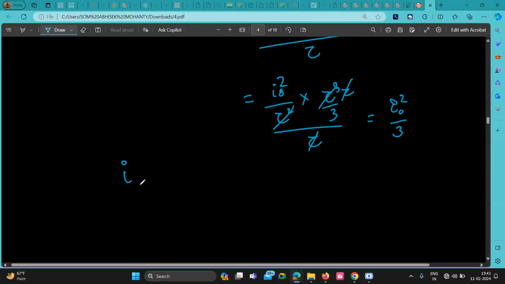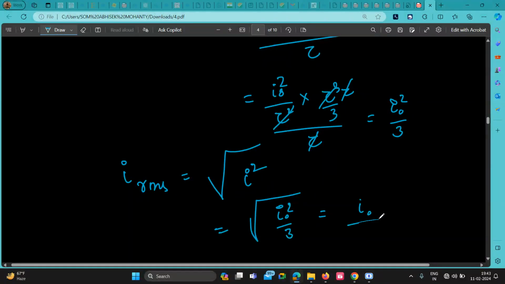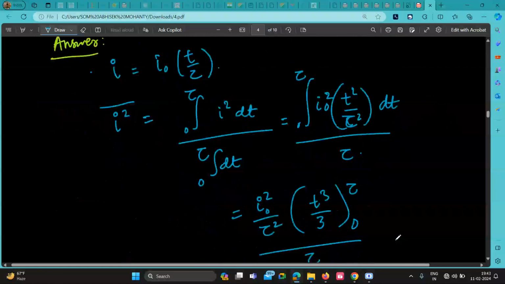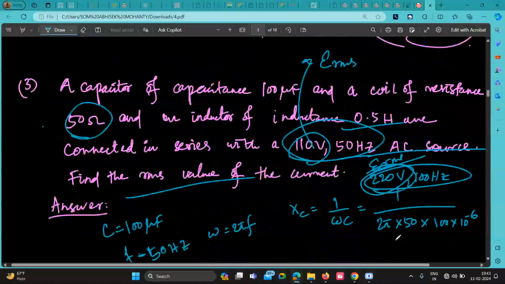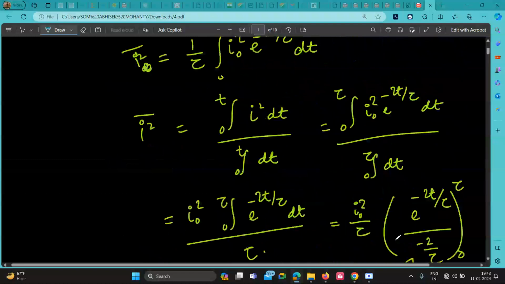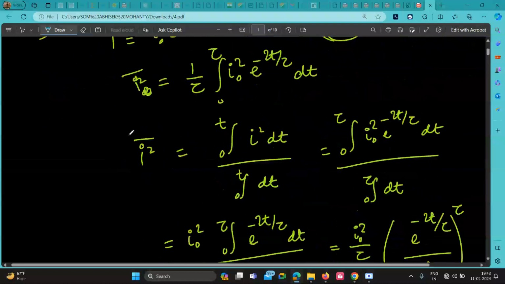IRMS we know is the root of mean square current, so root over of I naught square by 3, that is I naught by root 3. Is it correct? Did you get it? This is just another replication of the same kind of thing, and this is the formula for it.